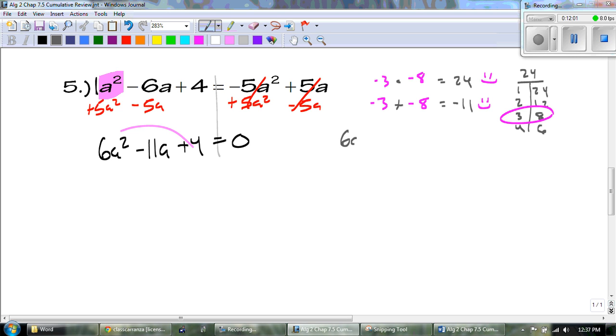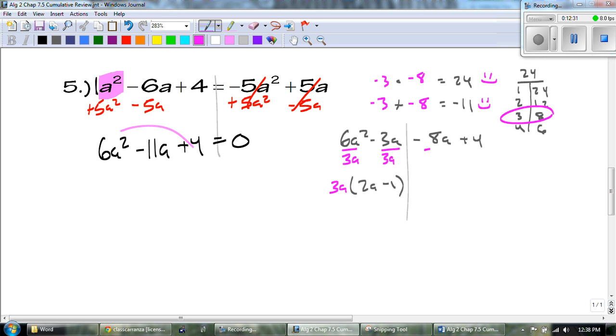We have 6a squared minus 3a minus 8a plus 4. All right, so the GCF of the first group, I can take out a 3 and an a. So the 3a comes out front. 3 divided by 3 is 2a minus 1.